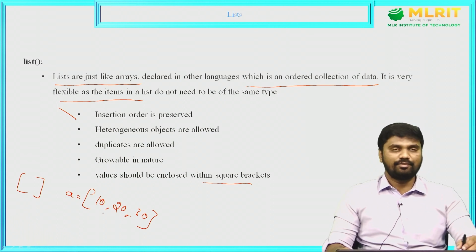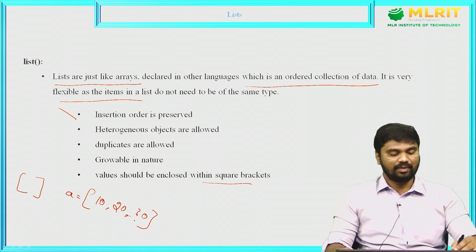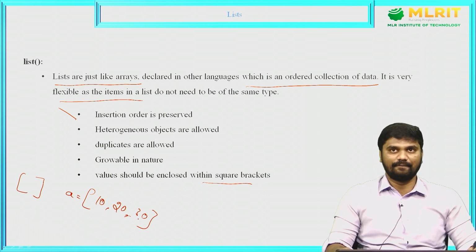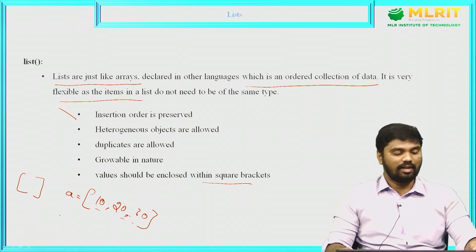See, which element did we insert first? 10. Next? 20. And next? 30. In which way the elements are inserted, the same way the elements will be displayed to the user.